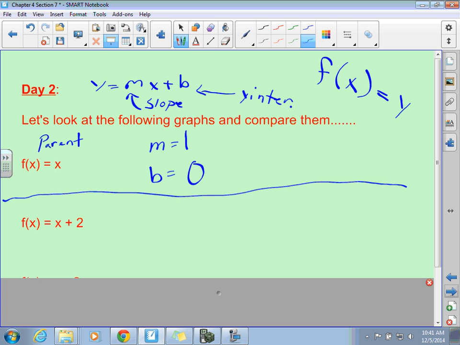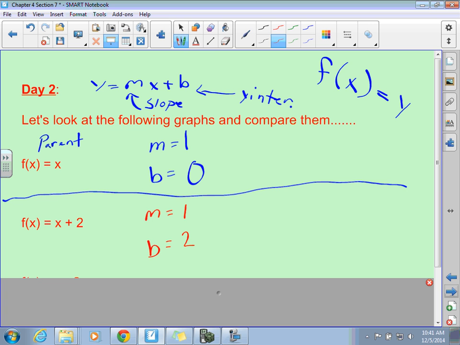And the parent's like, no, it's at 10. Oh, come on, please, please. The parent's like, no. So the parent always stays the same. The kid is changing. Let's take a look at the kid. My slope is what? 1. What's my b? It's 2. Very good.